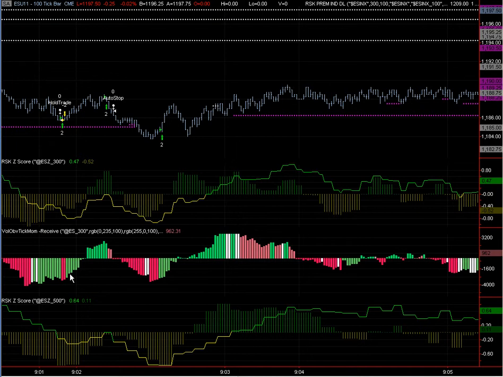Now there's one other factor involved here, and that is the ES500 Z-score. If the ES500 Z-score is yellow or below 0, it will hold a short trade.